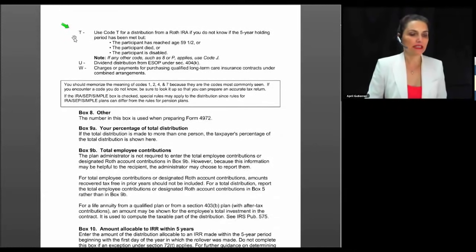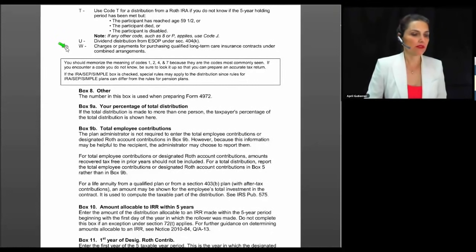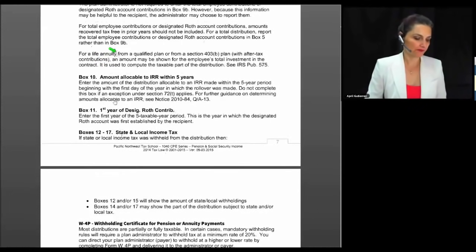Code T for a distribution from a Roth IRA if you do not know if the 5-year holding period has been met, but you are at least age 59 and a half, or the participant died, or the participant is disabled. And code W, charges or payments for purchasing a qualified long-term care insurance contract. So those are the codes that should be appearing in Box 7 of the 1099-R, and it's really your job to know what they mean.